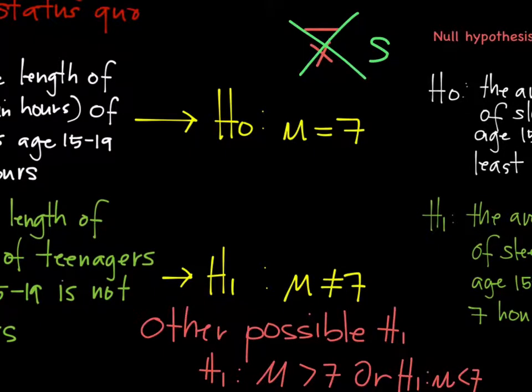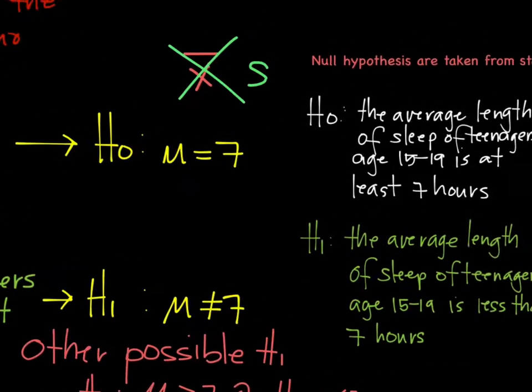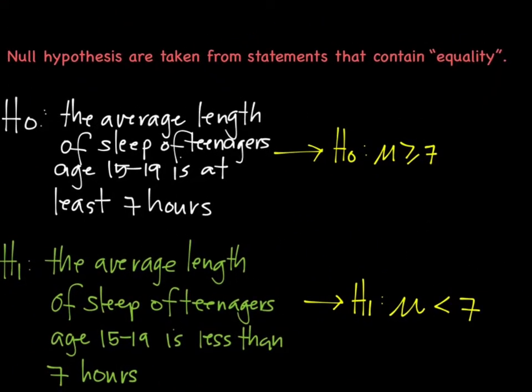It could be not equal to the number, greater than the number, or less than the number. But when we start with an inequality, then the alternative hypothesis should be the exact opposite. Since we have written the equal sign, there is no reason for you to write the equal sign in the less than 7. So the alternative hypothesis is that the population mean is less than 7.